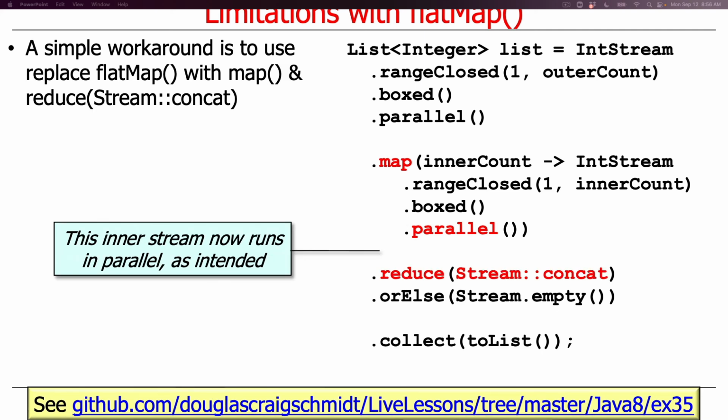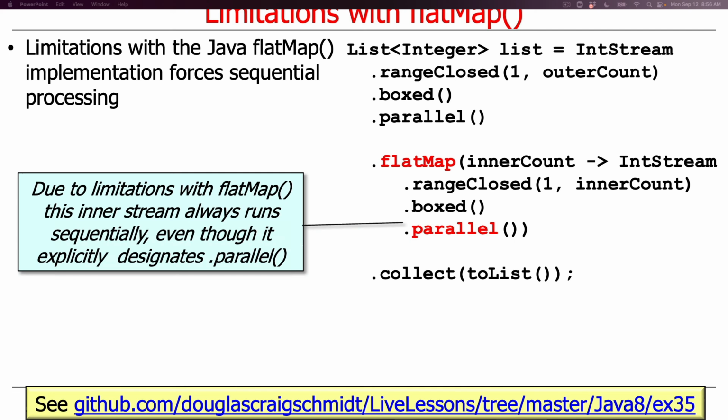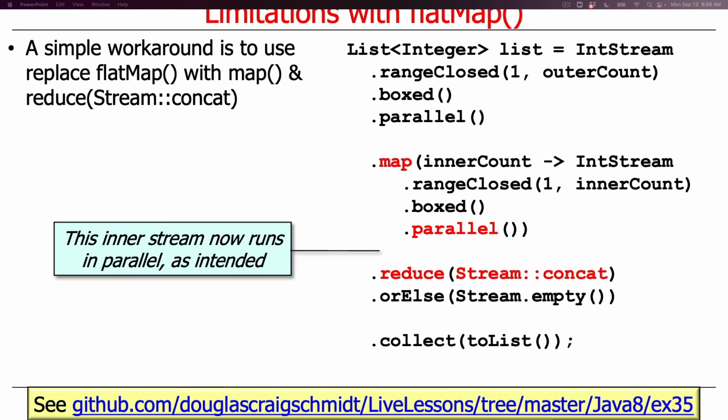Now, the solution to fix this is quite simple, also very idiomatic, but quite simple. We get rid of using flatMap for the inner stream, and instead we use map followed by reduce with stream concat. And if you do this, you will get the behavior you want, which is to be basically flattening things, but everything will run in parallel.